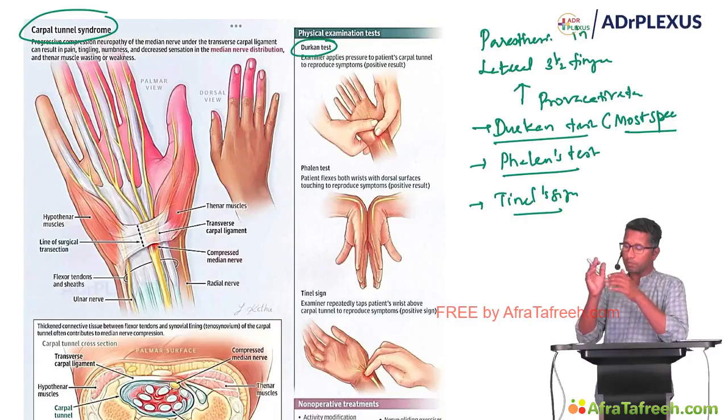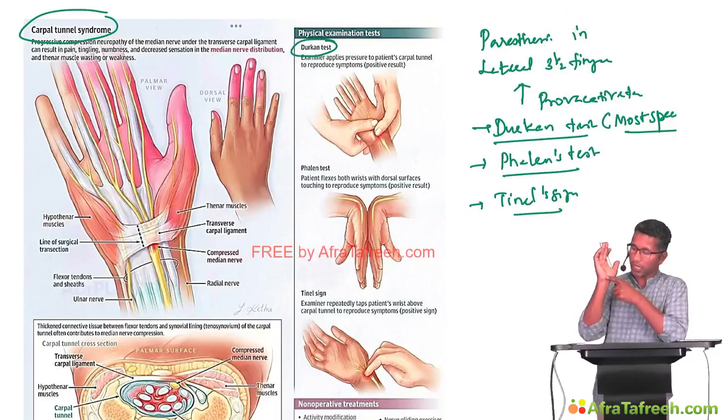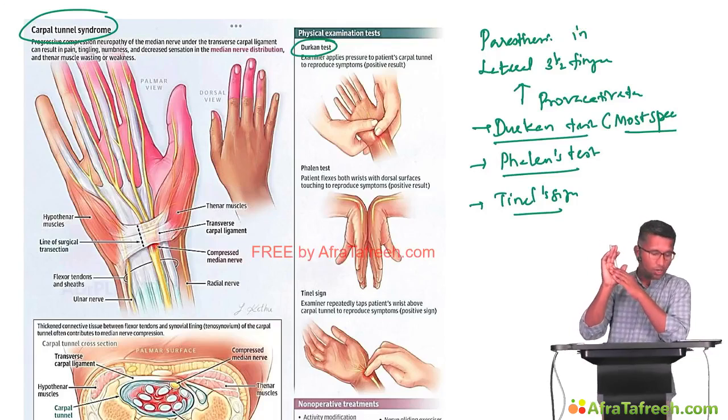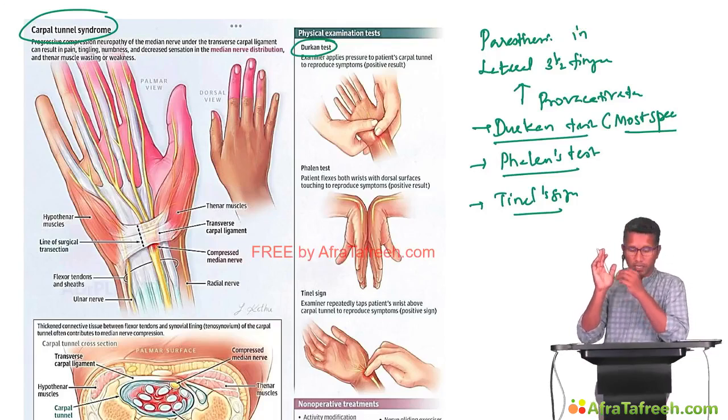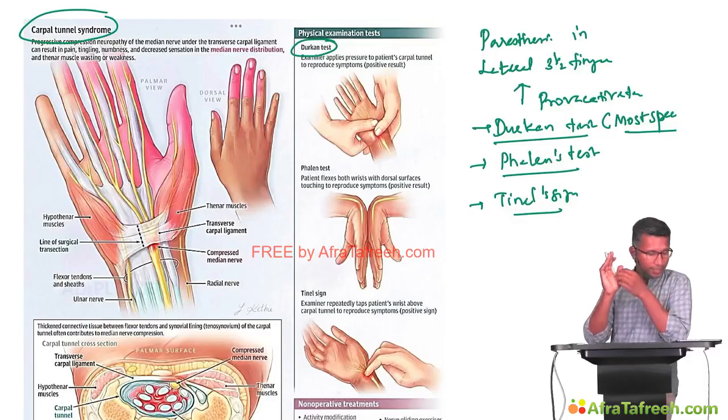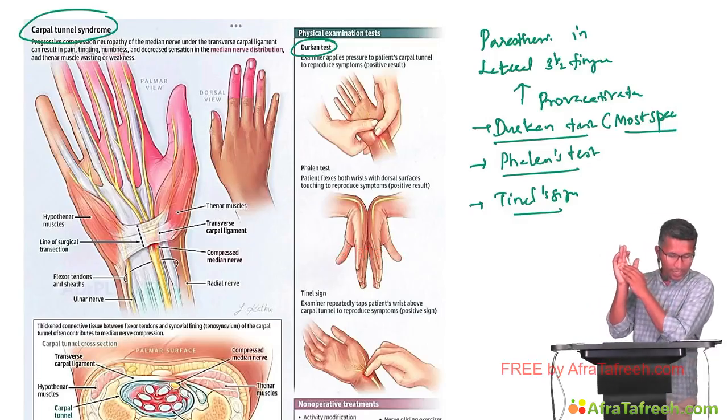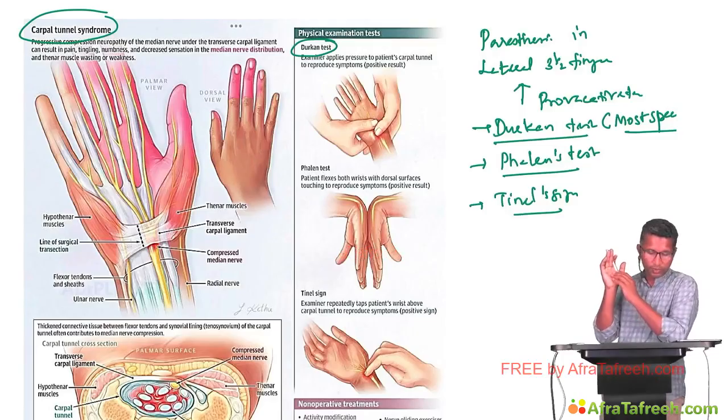Can anybody tell me why the palm is not involved in carpal tunnel syndrome? Though the compression happens here, the palm is not involved. Can anybody reason out why? You have been listening to the class for the past few hours.